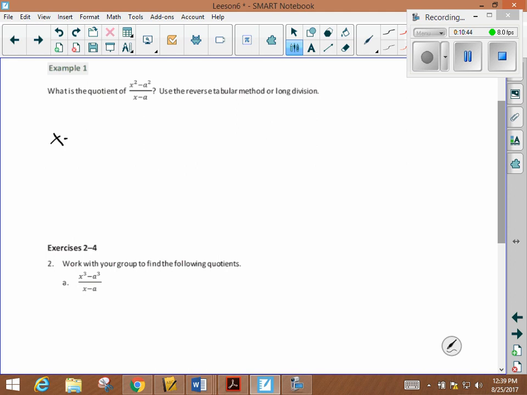All right, so here's our divisor. That is x minus a, and our dividend is x squared minus 0x minus a squared. Perfect.